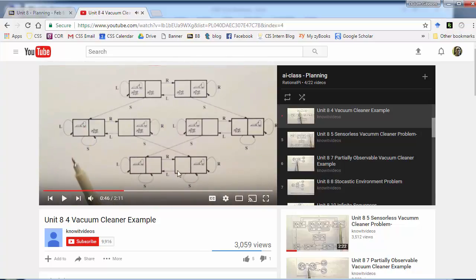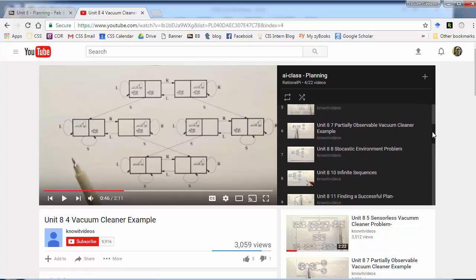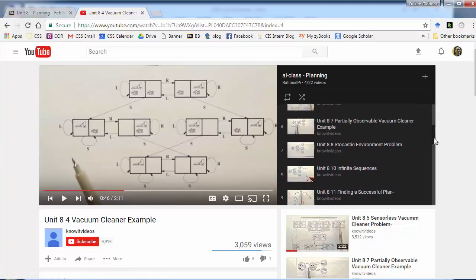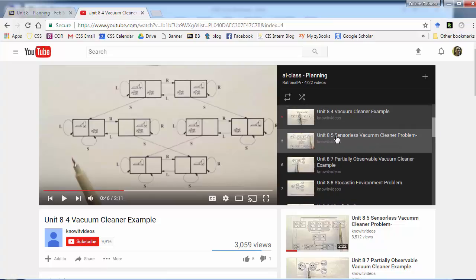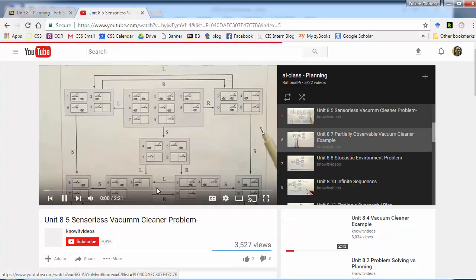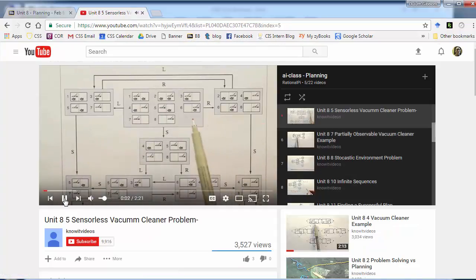So he introduces this state space, and this is very common in planning, to try to break the continuous world into a set of discrete states that we can work with, and talks about this issue with partially observable vacuum cleaners and mapping this onto what is called a belief space. This is the belief state space, a diagram of where you could possibly be.